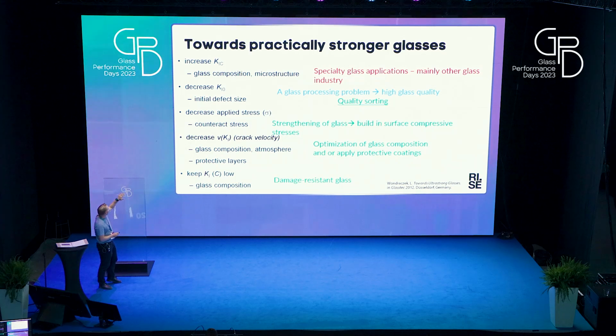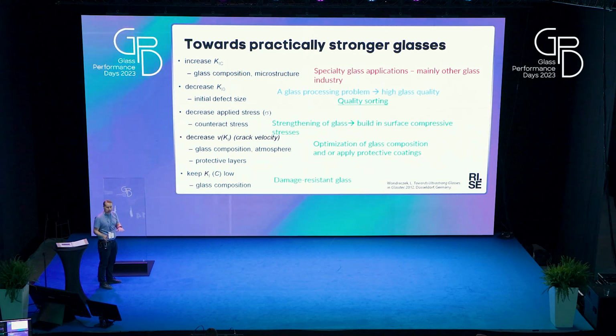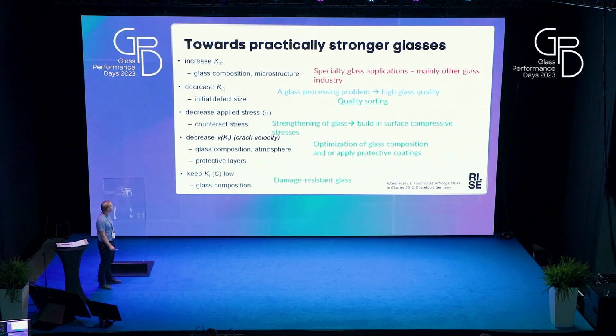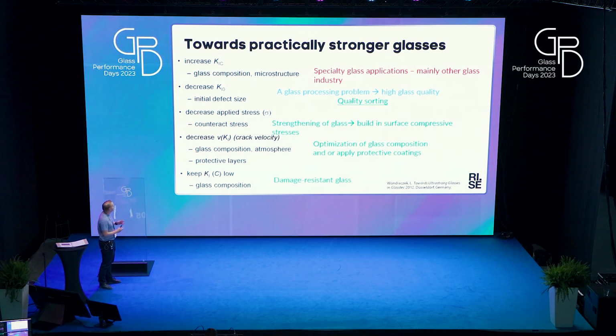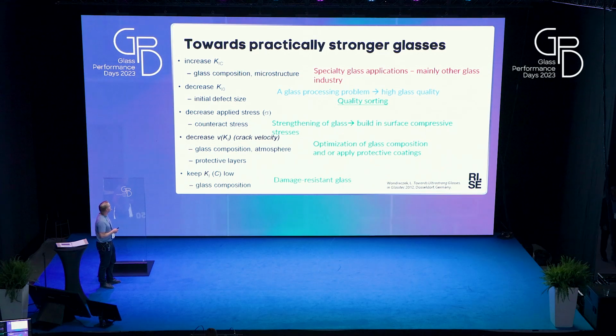So the first one, K1C, that's more towards specialty glass compositions, and that's mainly another glass industry than we are having here today. Decrease K10 is a pure glass processing problem. That's about achieving as high quality glass as possible. And then I will also talk a little bit in the end about quality sorting and how we can do that.